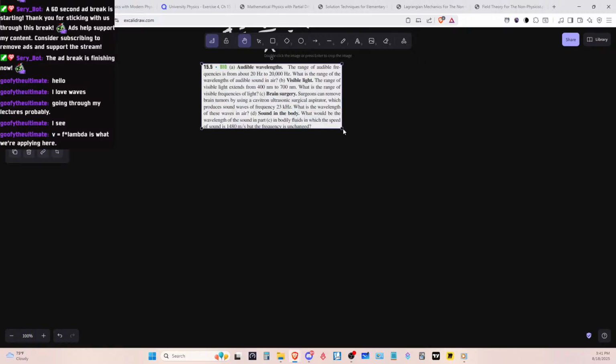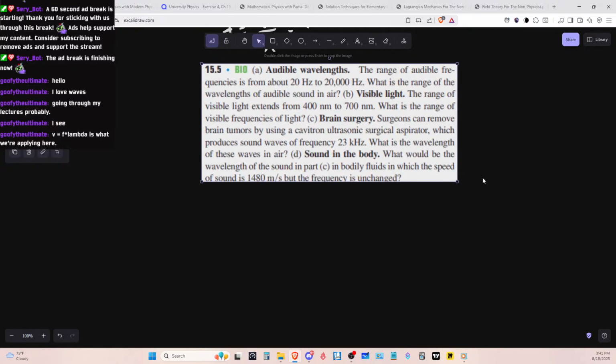All right, let's see what this one does. Okay, audible wavelengths. The range of audible frequencies is from about 20 hertz to 20,000 hertz. What is the range of the wavelength of audible sound in the ear? So we want the wavelength.